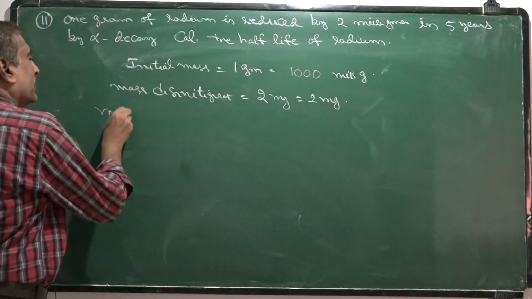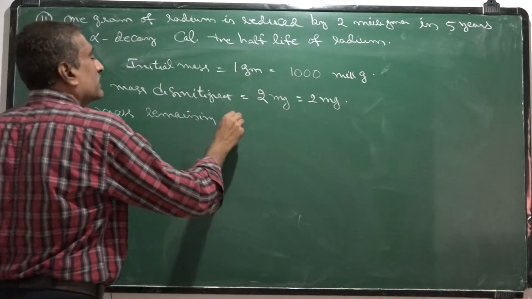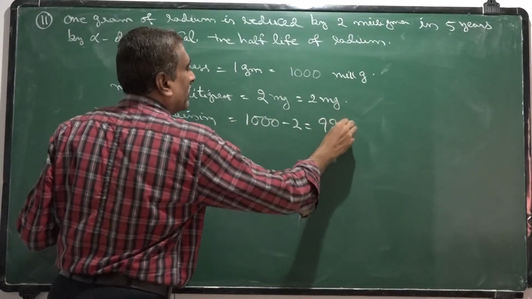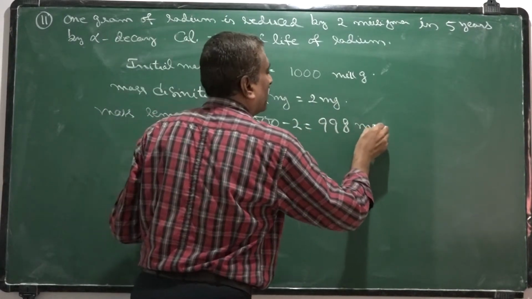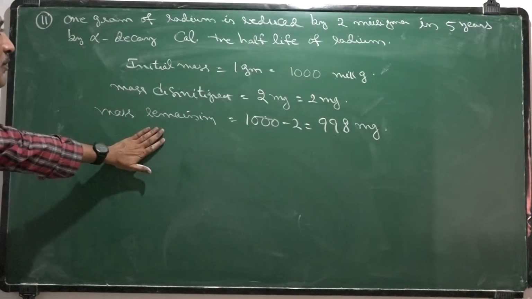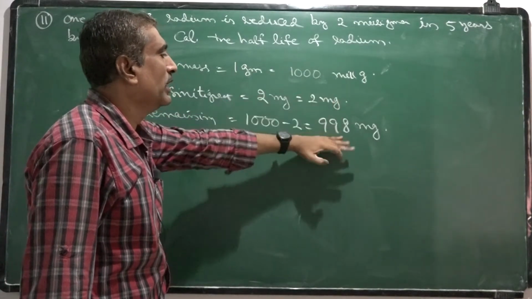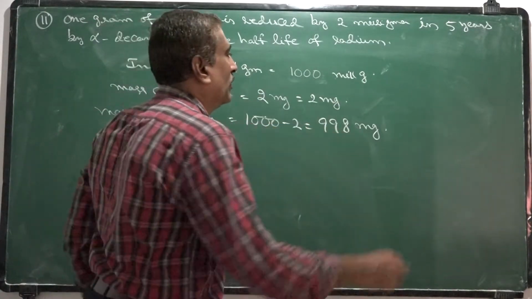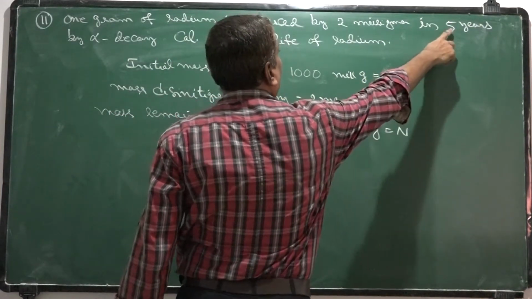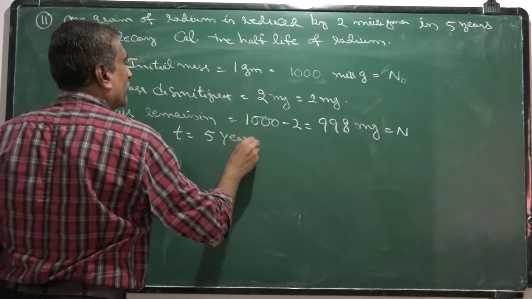So mass remaining is 1000 milligram minus 2 milligram, that is 998 milligram. Now this is the initial mass, N0, and the remaining mass is N, and the time period t is given as 5 years.